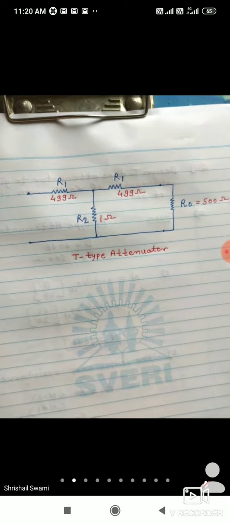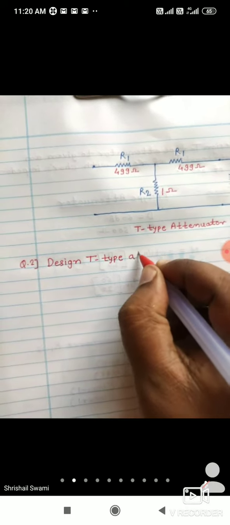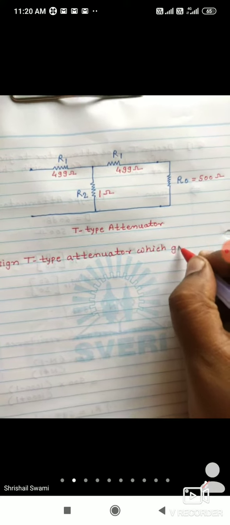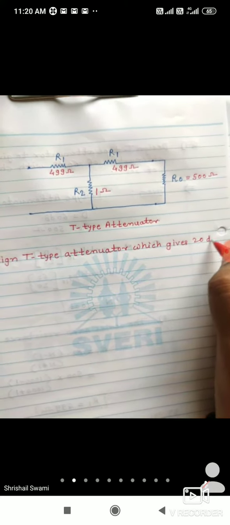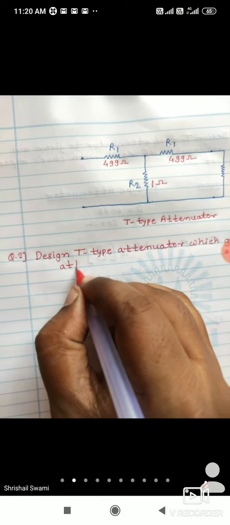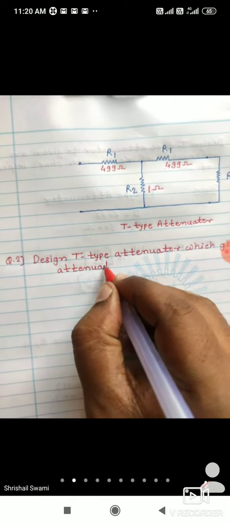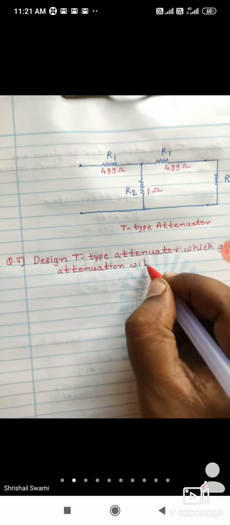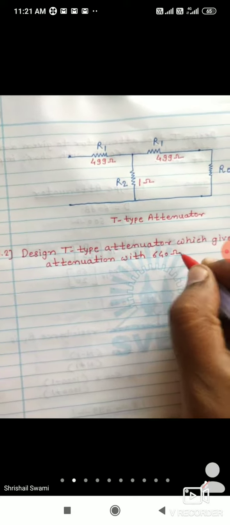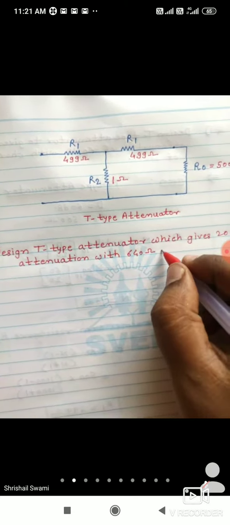Same problem, only I will change the values. Design a T type attenuator which gives 20 dB attenuation with 640 ohm impedance.